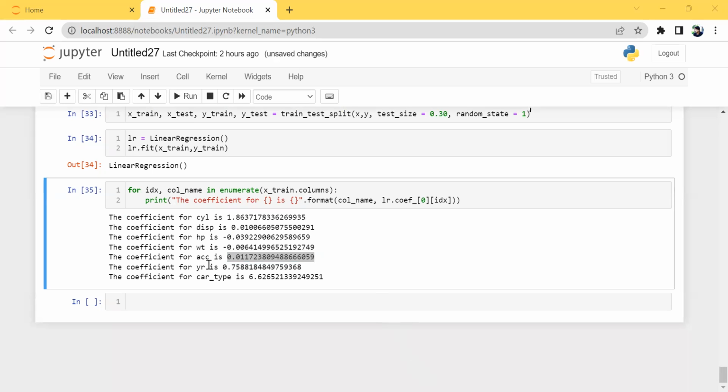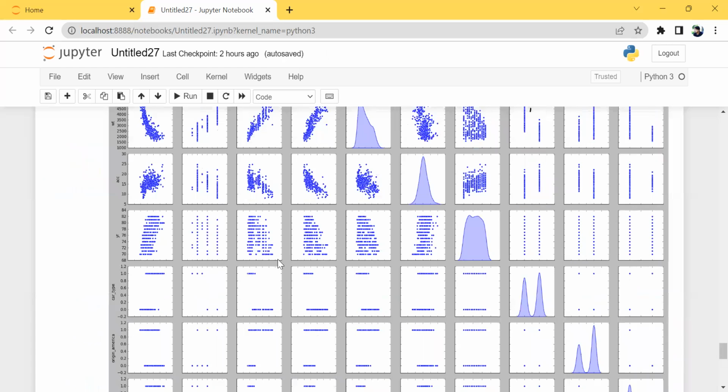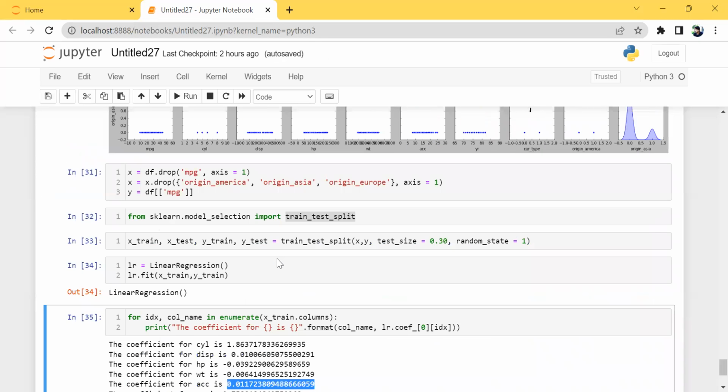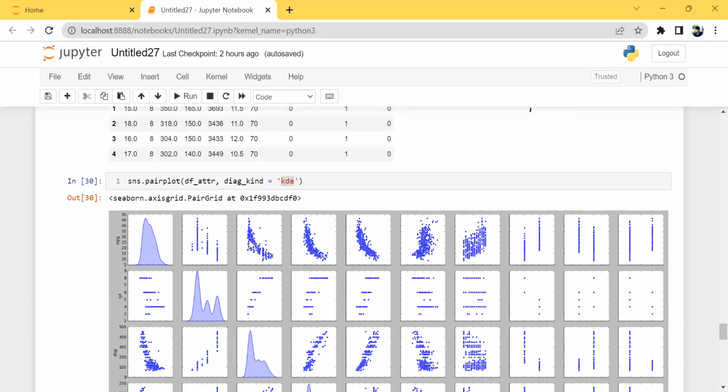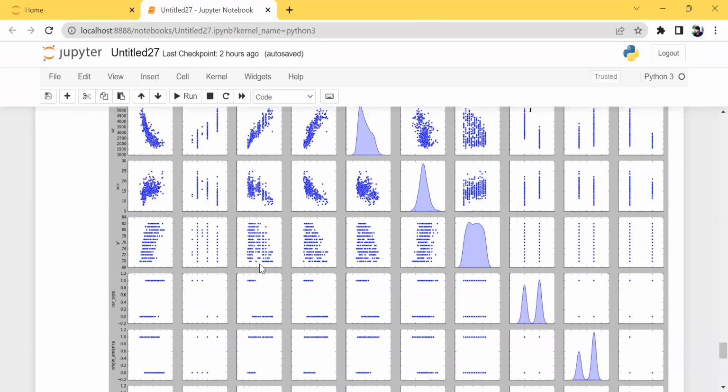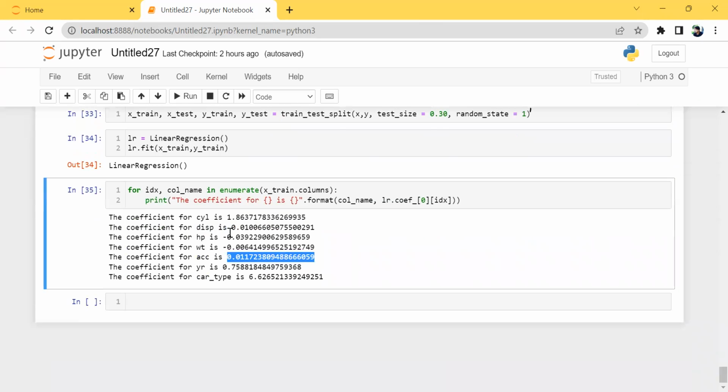When you look at the displacement in the plot, what is it actually saying? It is telling you that there is some kind of negative correlation between displacement and mpg, right? But when you look at the coefficient, the displacement is positive, right? So why is it happening? Because the data has some kind of collinearity present between the variables. So that's the reason here.